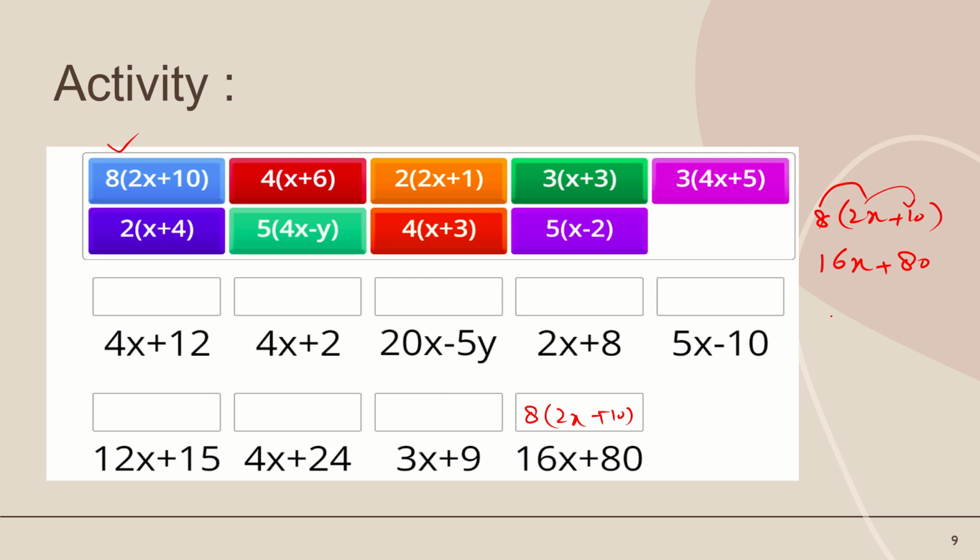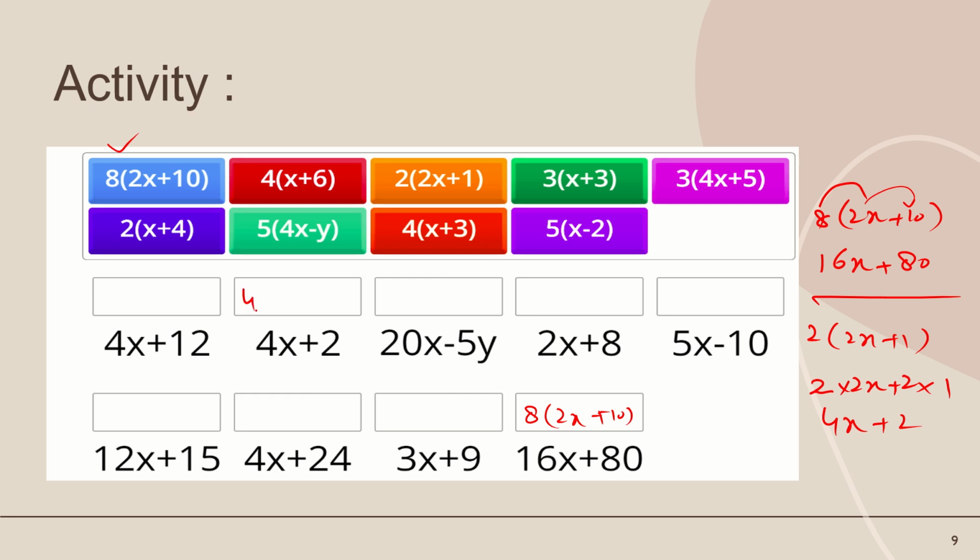Now the second one is 2 into 2x plus 1. You can also write this as 2 into 2x plus 2 into 1. 2 times 2x is 4x, plus 2. So the correct option is 4x plus 2.